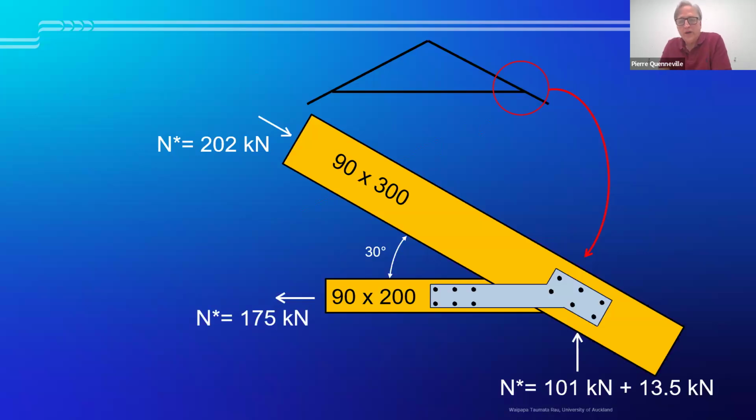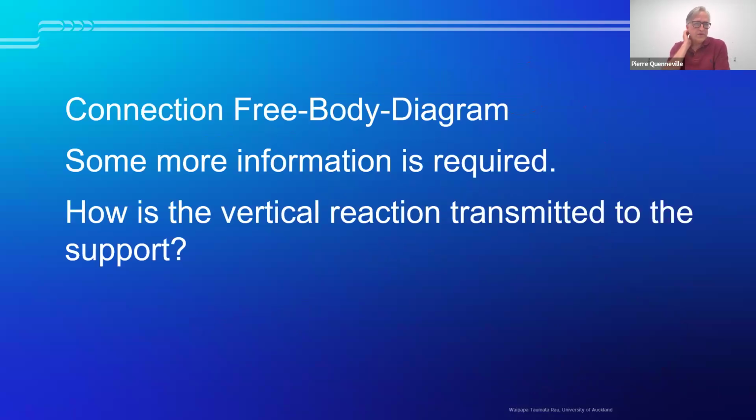And this 13.5 will need to be resisted in a different way. So to look at the connection free body diagram, we need a bit more information. And this information is how this vertical reaction is actually transmitted to the support.